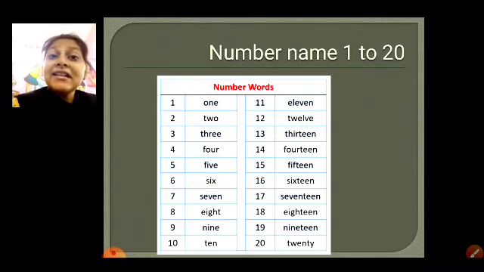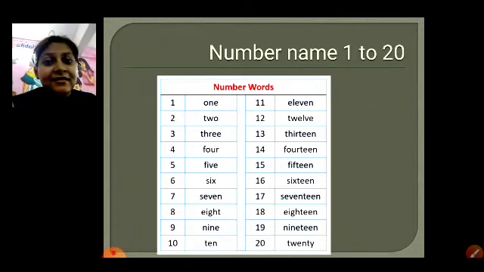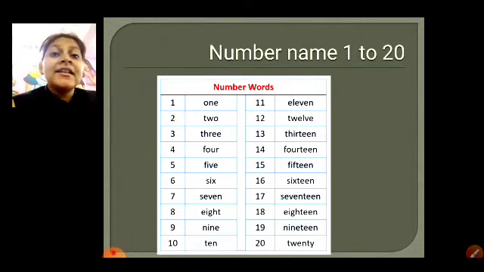Right? 18: EIGHTEEN. See, here is the 8 and EN, because in 8 there is already a T, so then after that we put EEN. 19: NINETEEN. Now 20: TWENTY.